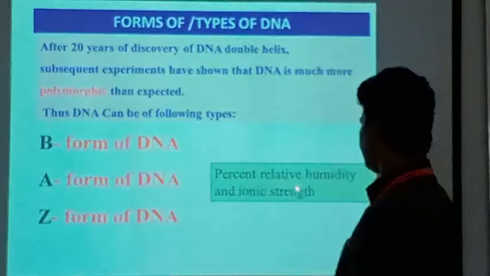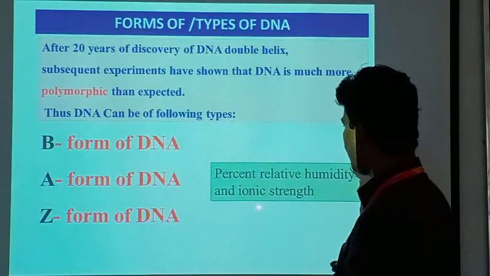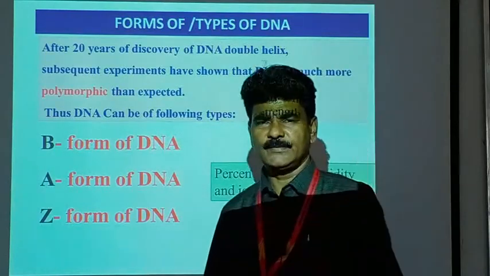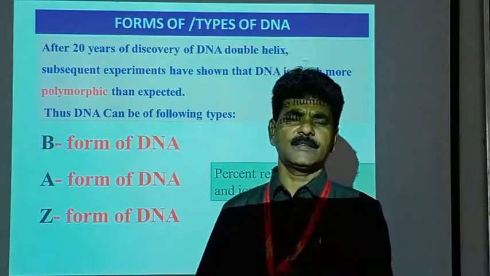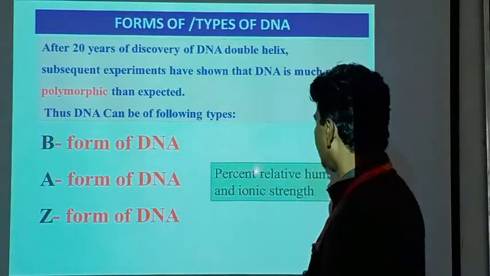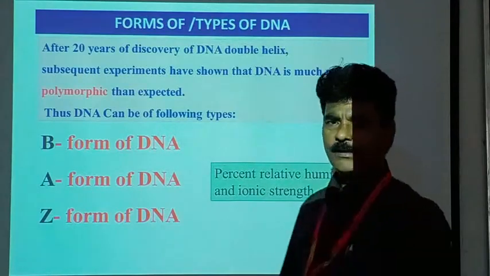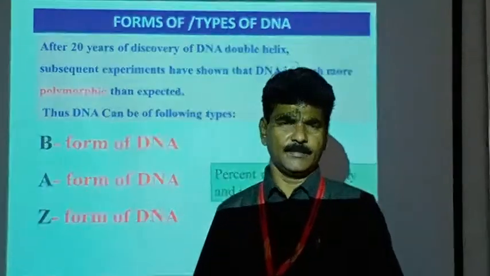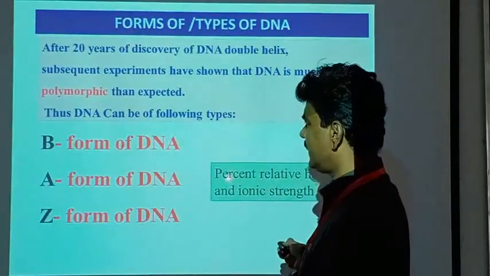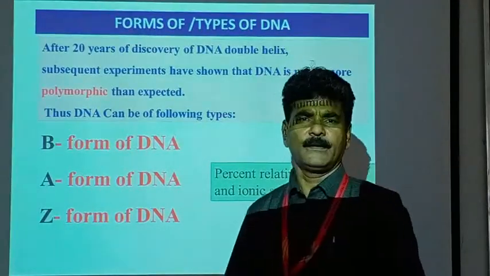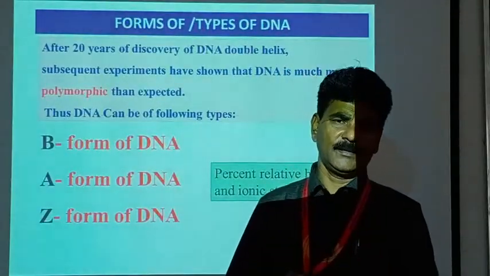What type of percent relative humidity and what type of ionic strength, lower or higher concentration of ions, low or high percent relative humidity. In that environment, DNA is studied by different scientists and they have said there are B, A, Z type of DNA.